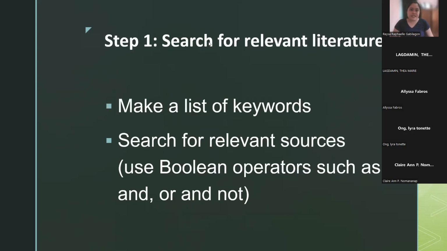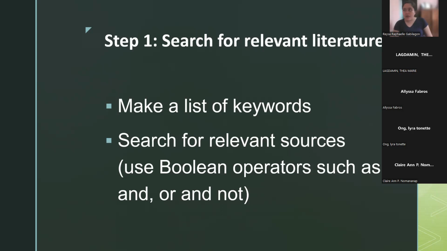So for the first step class, you search for relevant literature. Pag meron na kayong topic, you make a list of keywords that you're going to use in searching. Especially nowadays that most of our references are coming from the internet. Kailangan alam mo kung ano yung hahanapin mo. Okay?